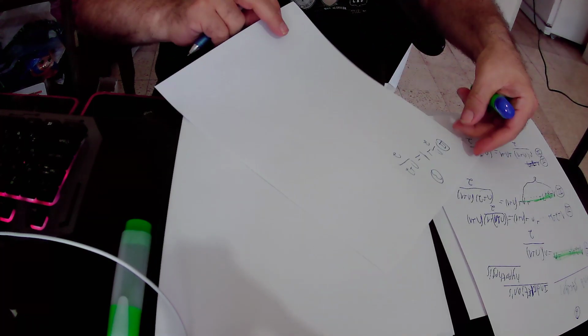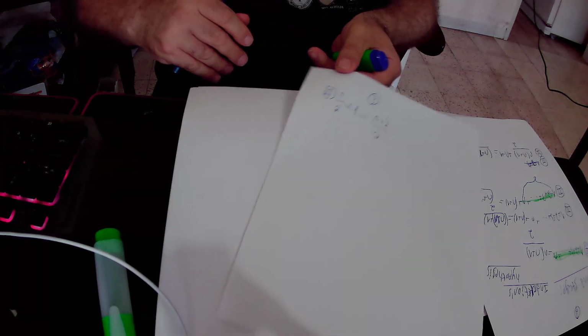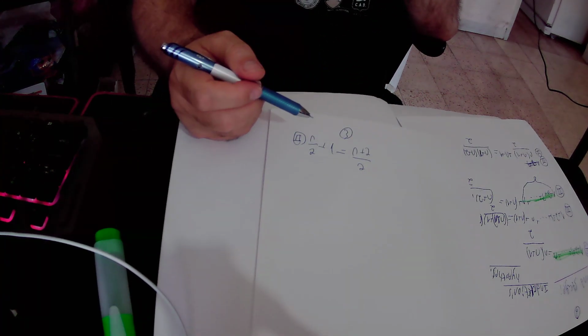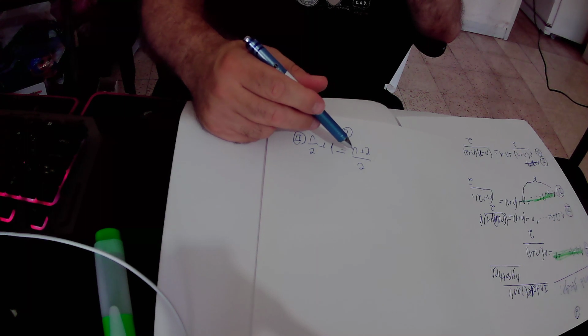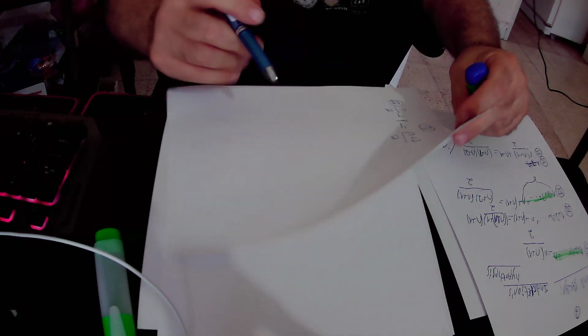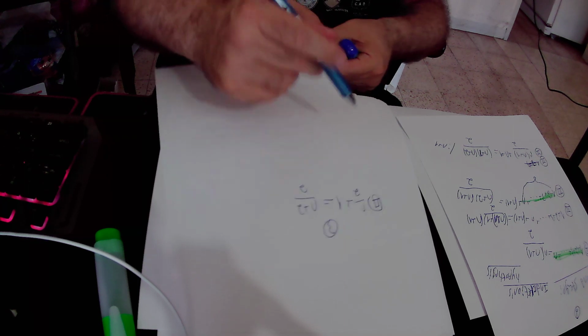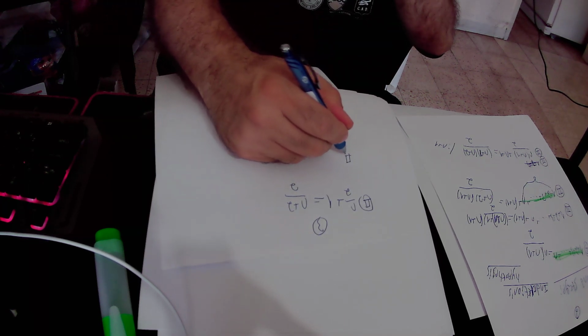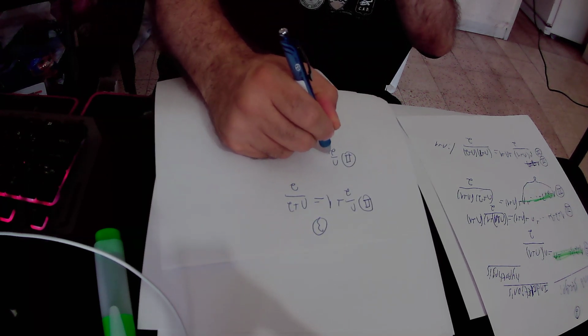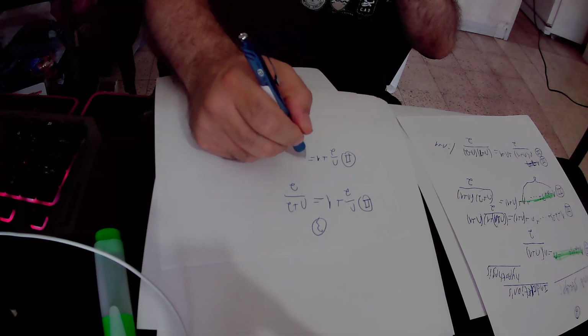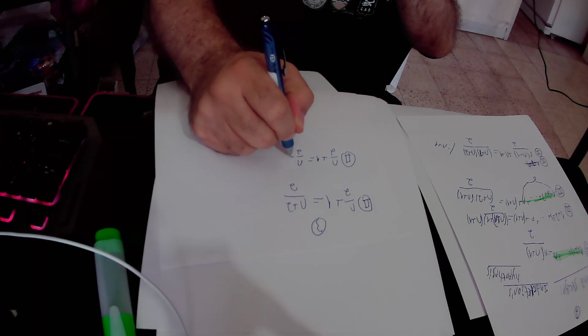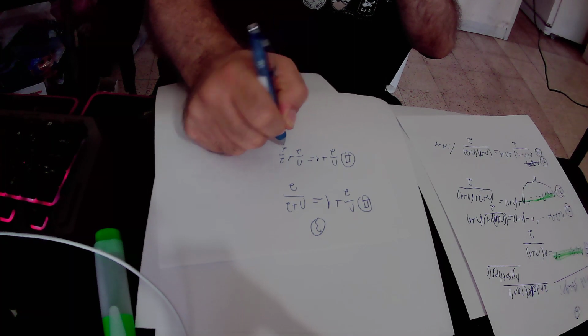So here we can separate this expression to two parts. It will be n divided by 2 plus 1 equals to n divided by 2 plus 2 divided by 2.